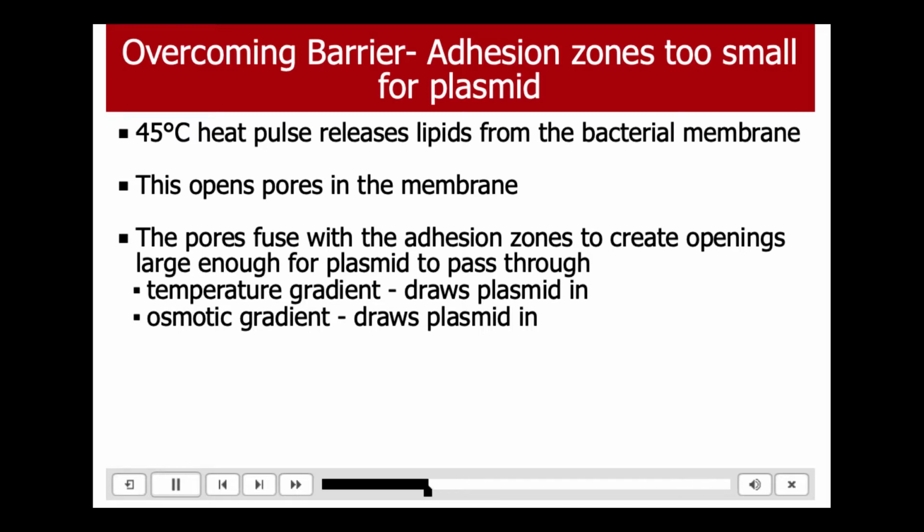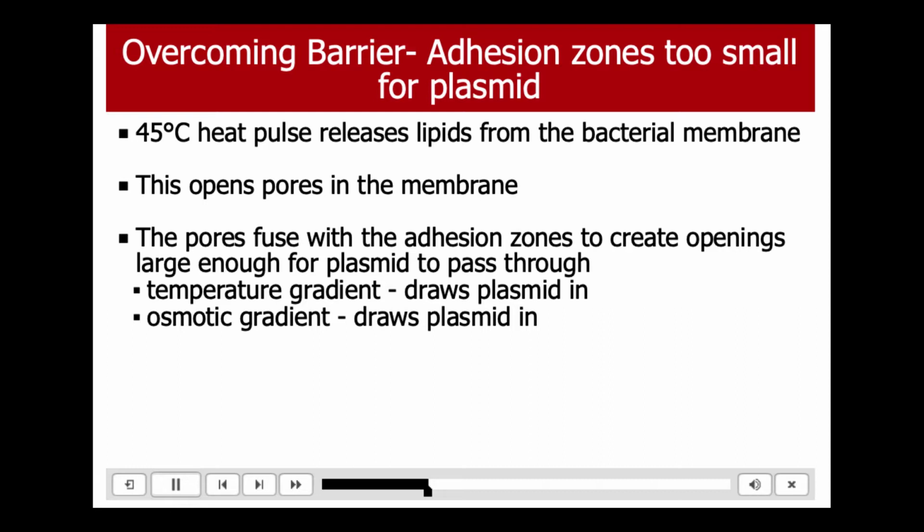These pores fuse with the small adhesion zones to create openings that are large enough for the plasmid to pass through. If we open large holes in the membrane, there is less of a barrier between the intracellular and extracellular environment. This means that things such as plasmids and liquids can flow down a temperature gradient.